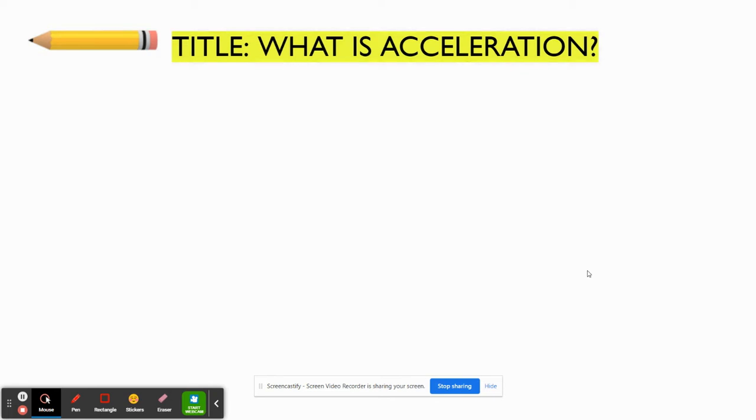Acceleration is really the first topic we get into that kids start having a little bit of trouble with, okay? I have two sons, and to get us ready for this topic, I was trying to think of a good example of acceleration. Both of my sons love anything to do with cars or planes.